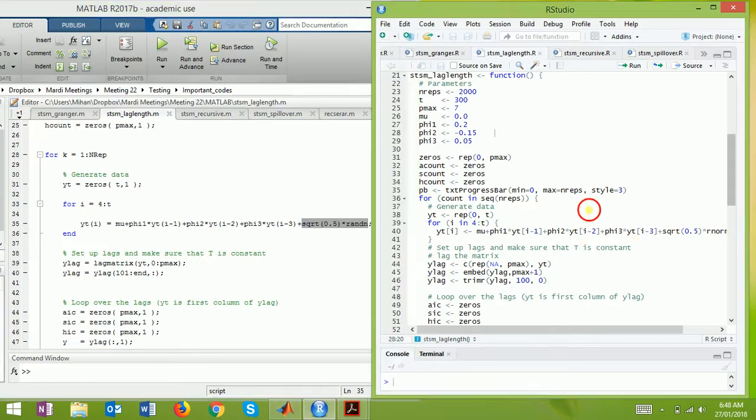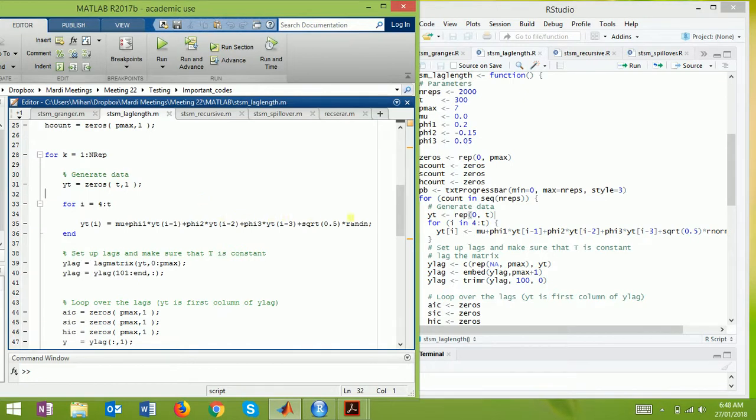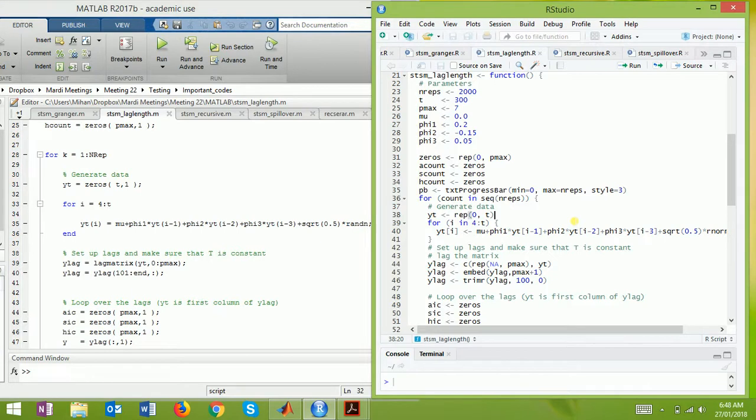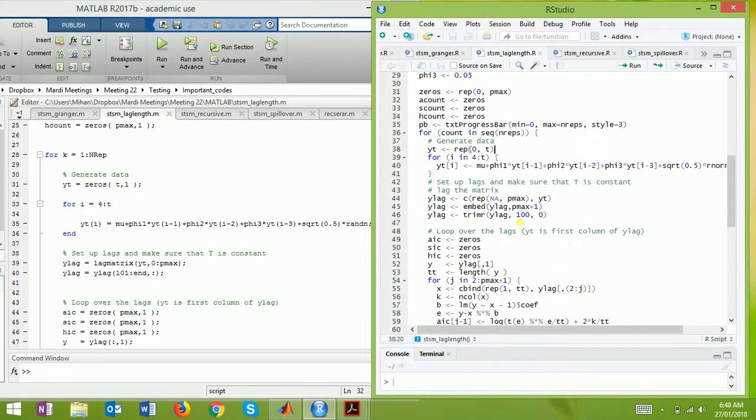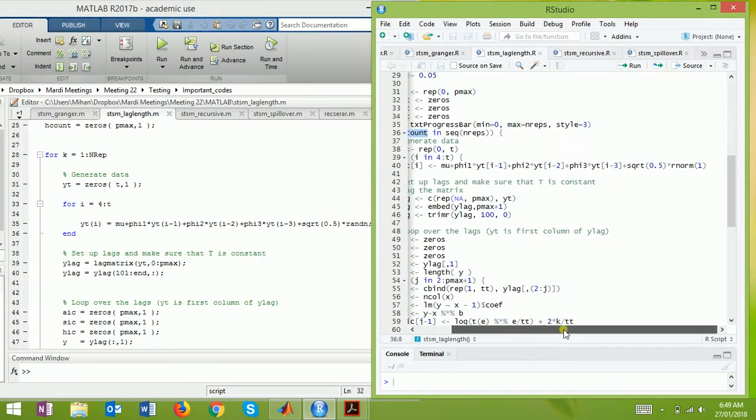For count, instead of k, we're saying count, that's all, replicate 0 to t in 4 to t.